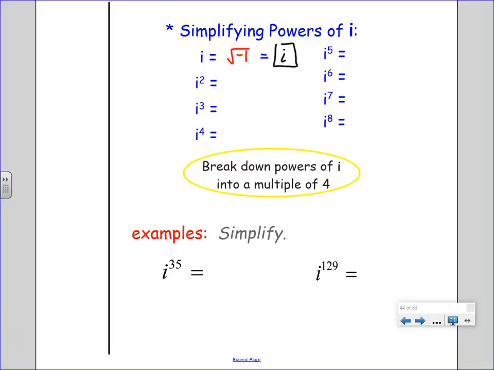It's going to look weird for the first one, it'll make sense on the others. i squared is the square root of negative 1 squared. If you don't like that, I'll write it a different way. It means the exact same thing. Square root squared cancels, and we get negative 1.